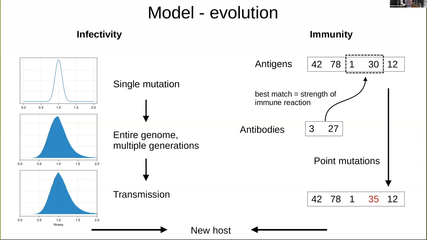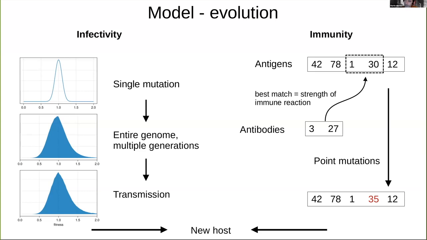Each point mutation changes the infectivity according to a simple normal distribution. And then at the end, all those get aggregated. And at the point of transmission, we draw with the weight being determined by the fitness. So it's a slightly skewed distribution at the point of transmission.